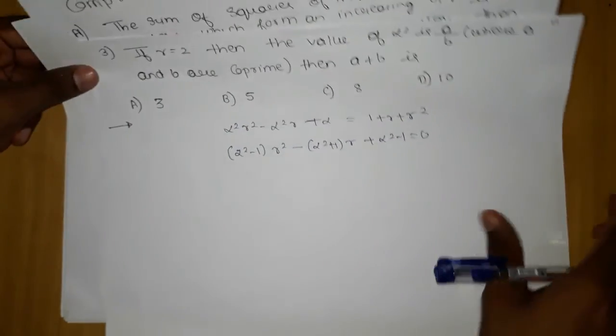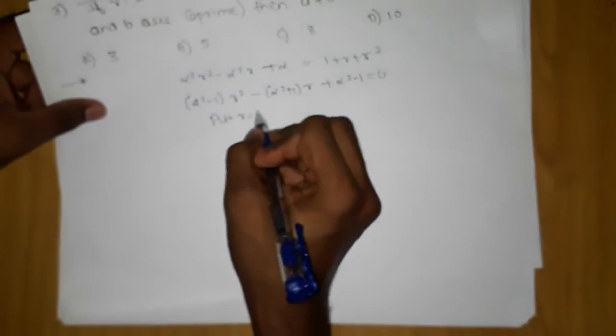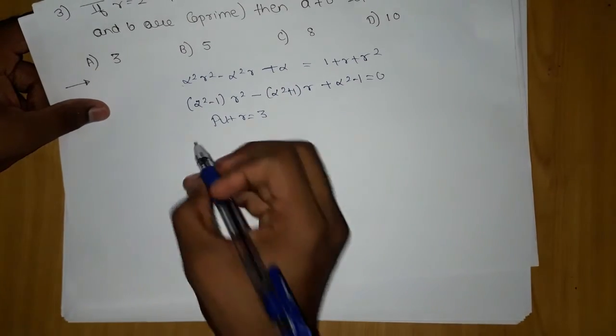Now if you read the question properly, they are telling that if r equals 2, then alpha square cannot lie in what. So put r equals 3. If I put r equals 3, what do I get?